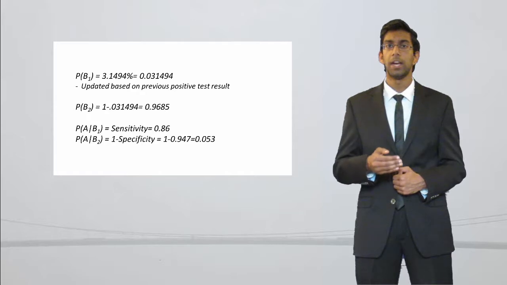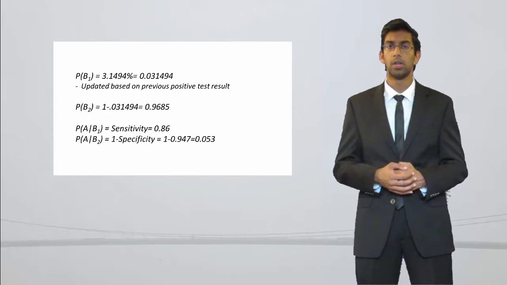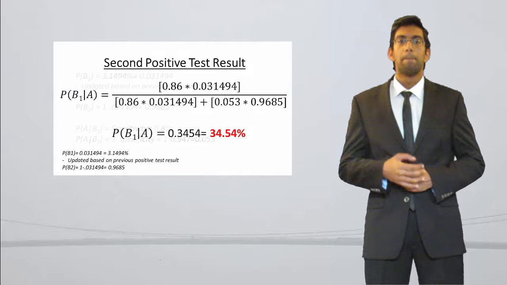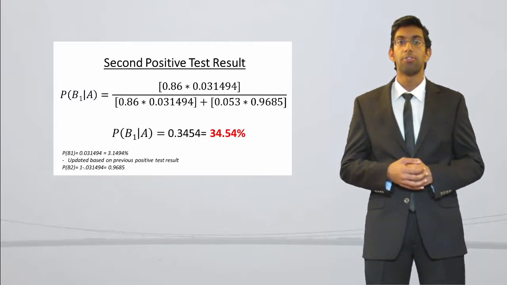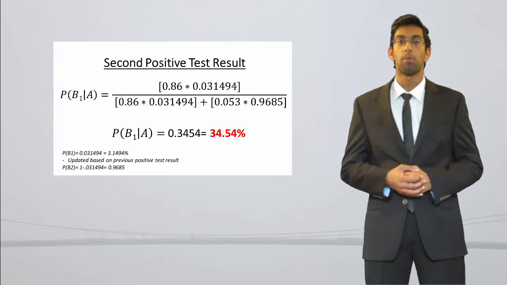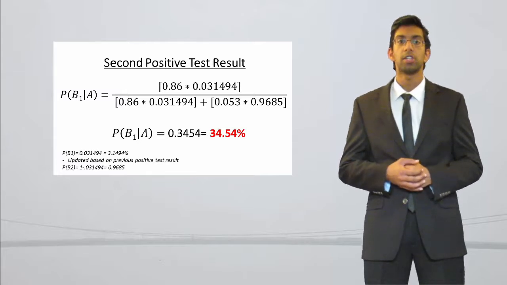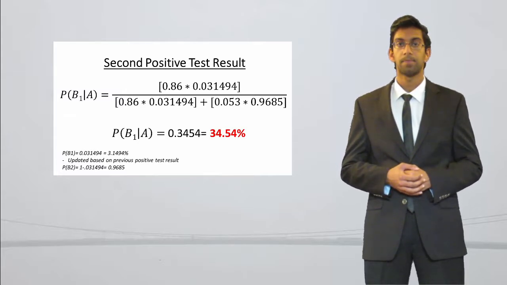And then P(A given B2) will be based on our specificity value, or 94.7%. By getting a second positive test result, we observe a 34.54% likelihood that the patient has the disease.